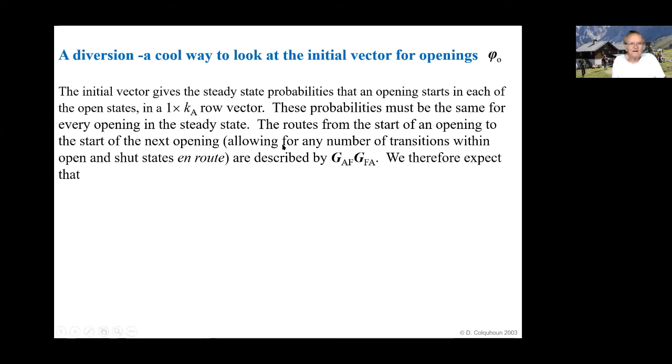So if we look at all the routes that go from the start of one opening to the start of the next, regardless of how long these transitions take, then they're given by GAF times GFA, starting in the open state, ending in the open state.